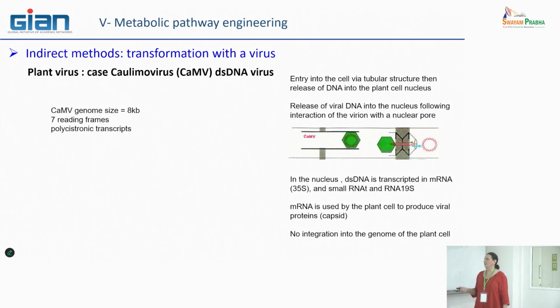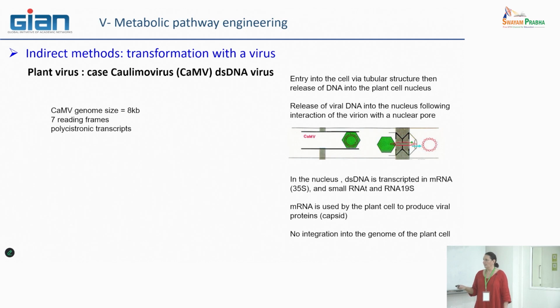And in particular, this DNA, because it's a double strand of DNA, a small piece, can be directly transcribed into mRNA and also small transfer RNA, and that permits the production of the proteins encoded by this DNA.